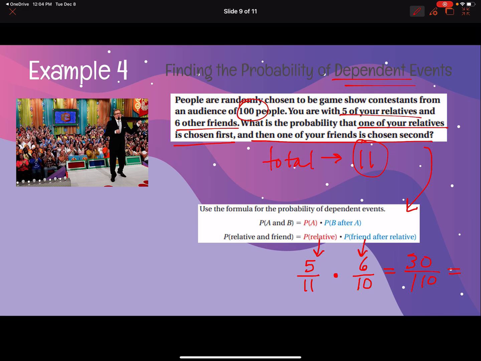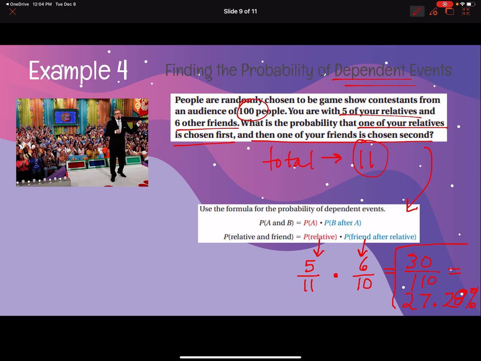And now we're going to take that and turn that into a percentage in our calculator. And we will get 27.28%.